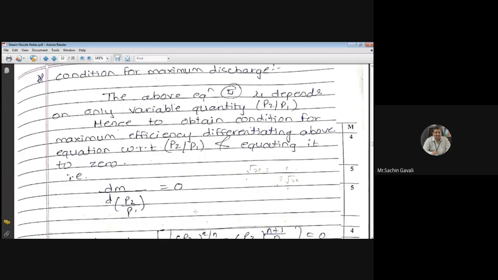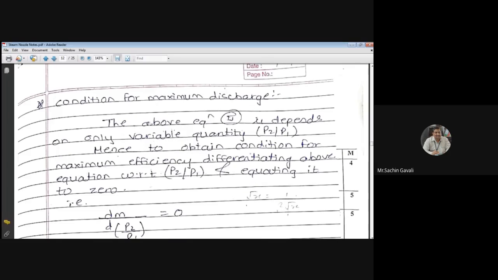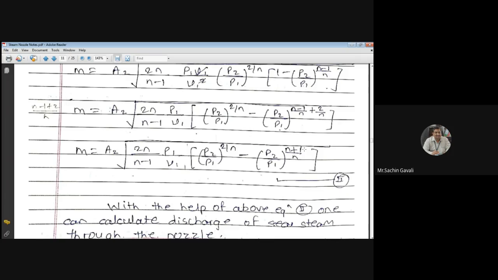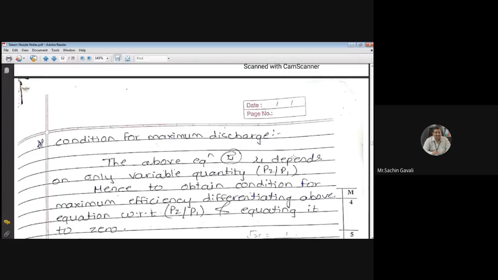Okay, and therefore now write down the condition for maximum discharge. The above equation, whether it is equation number 2 or 3, whatever number you have given, depends on the variable quantity P2 upon P1.